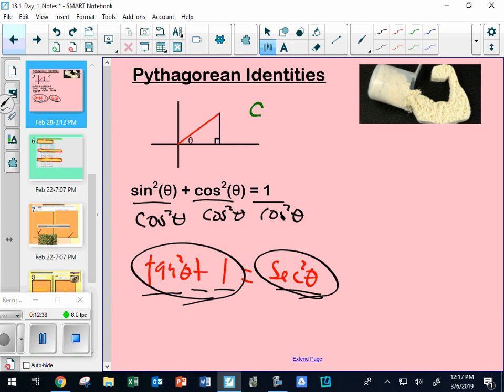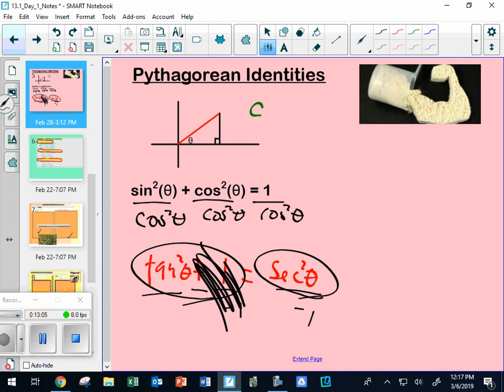This one also tells you what tangent squared is. Secant squared is 1 plus tangent squared, but tangent squared is secant squared minus 1. Very good. So wherever you see a tangent squared, you can replace it with secant squared minus 1.